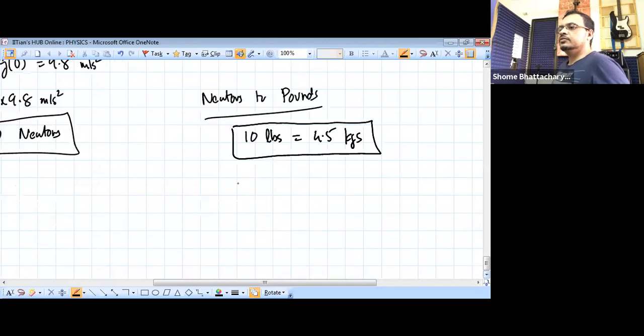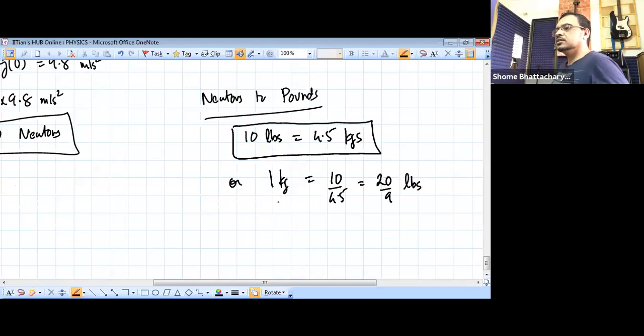So this is the conversion factor, or 1 kg is equivalent to 10 upon 4.5, which you can write as 100 by 45 or 20 by 9 pounds.